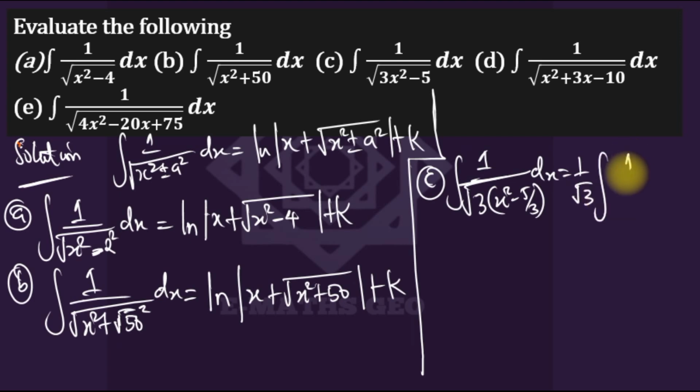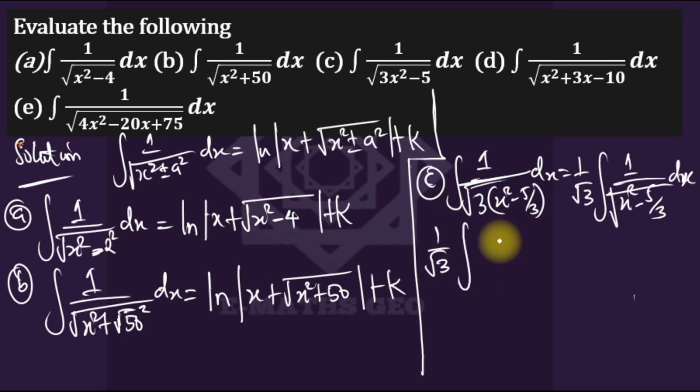Using laws of surds, we square root the product, each of them, and this is a constant, which is 1 over root 3, times the integral of 1 over the square root of x squared minus 5 over 3, all in square root, squared, so that it will be in this form.